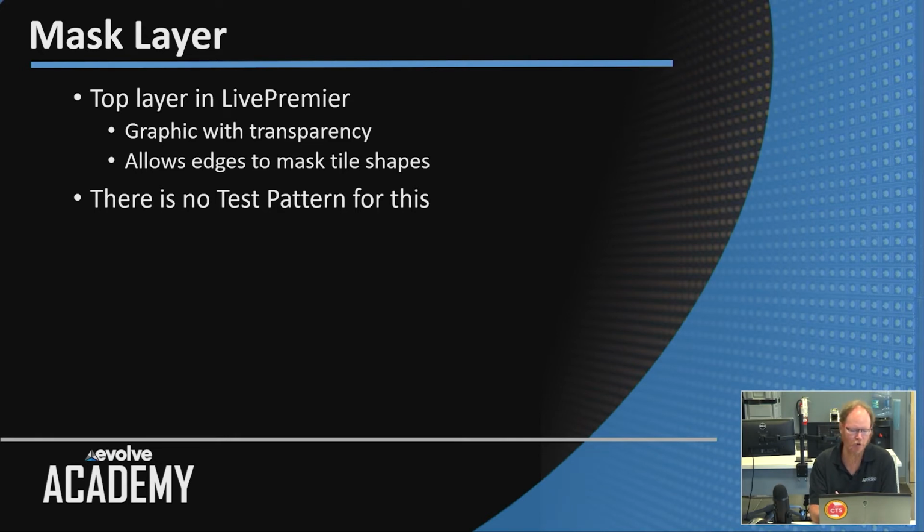So one of the things that can be really handy is creating a mask that's literally just a PNG with a transparent background and laying it on that top layer so it covers everything. And again, remember, my top layer in this example is a capacity 2 4K layer. There are no test patterns yet that show AOI as far as I know.